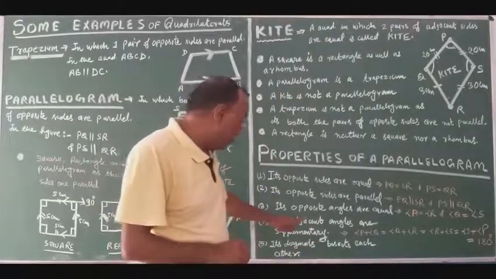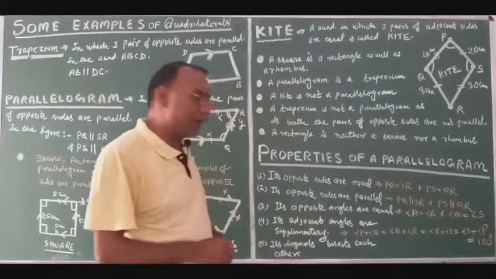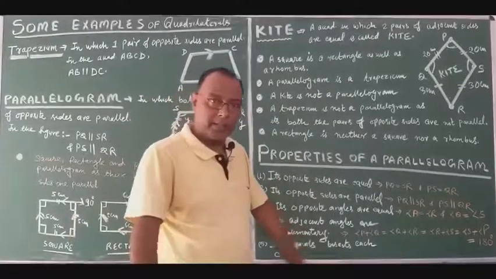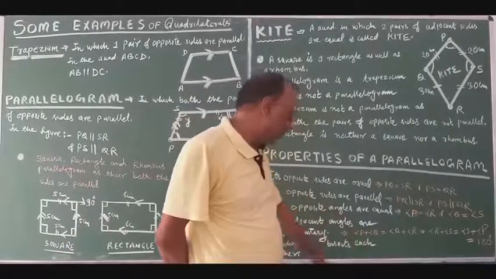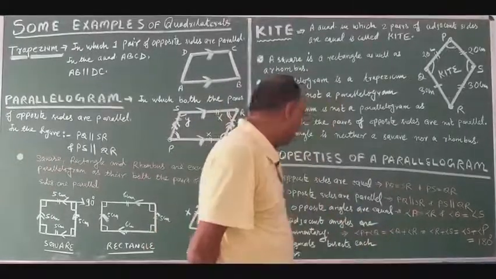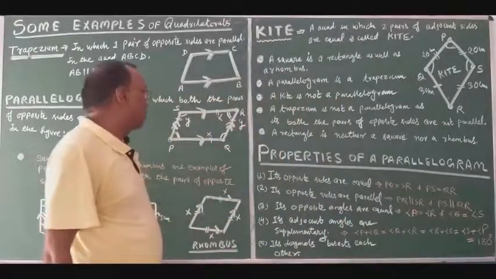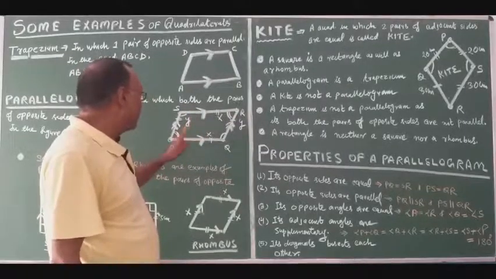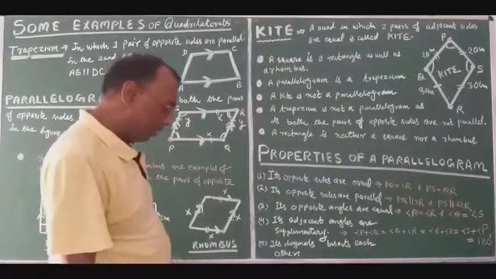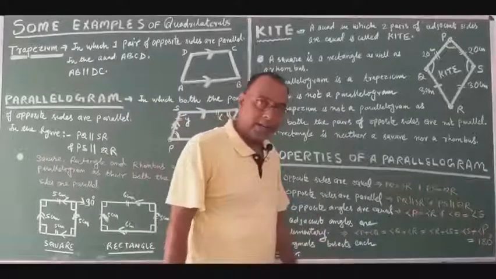So the adjacent angles are supplementary, that is, their sum is 180 degree. Therefore, angle P plus angle Q is equal to angle Q plus angle R is equal to angle R plus angle S and angle S plus angle P. Its sum will be 180 degree.